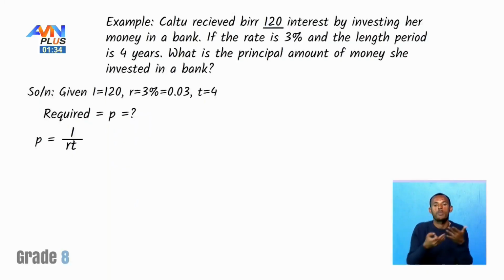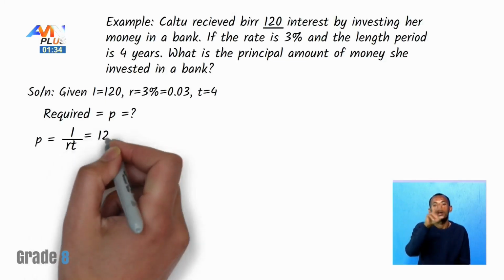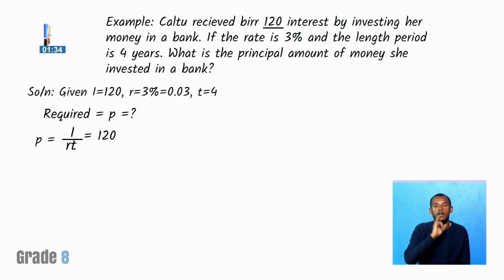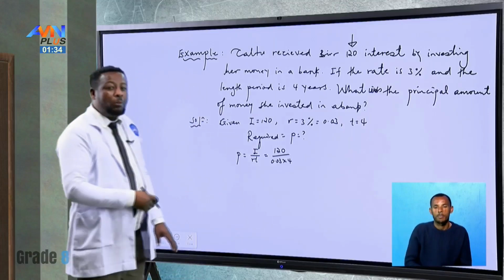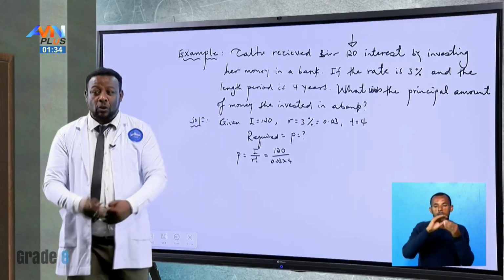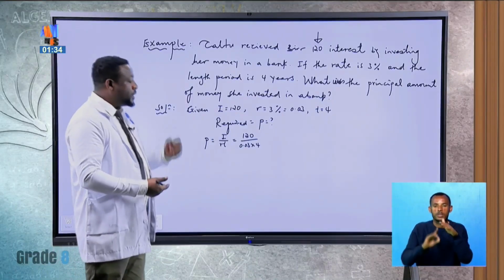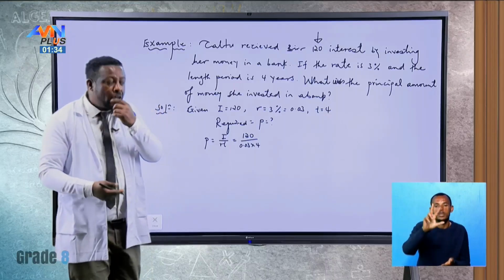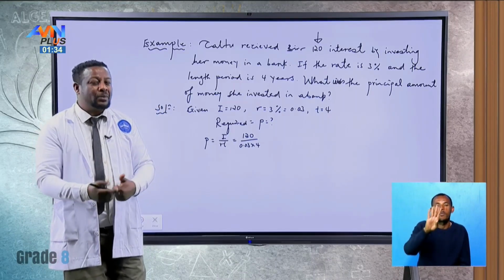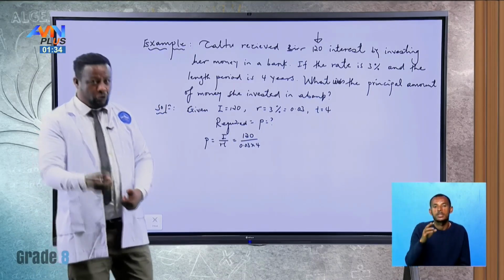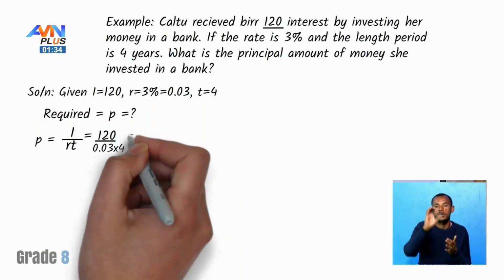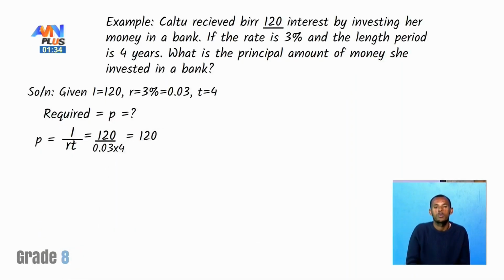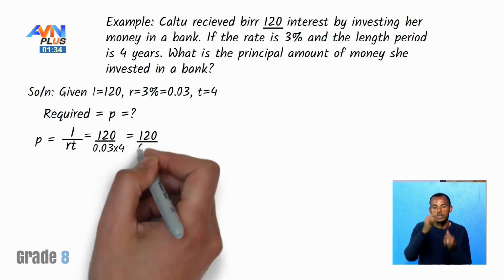So I is 120 and R is 3%, or 0.03, times 4, okay? Now multiply the numbers in the denominator. 0.03 times 4 becomes 0.12. So make it like 120 over 0.12.